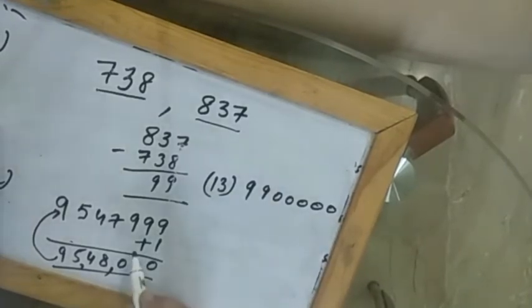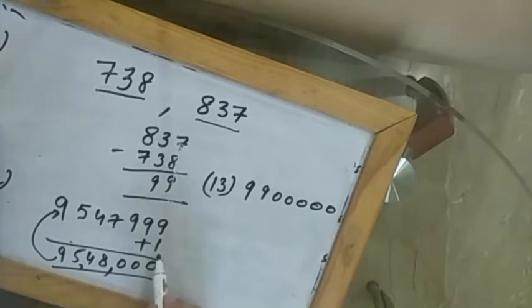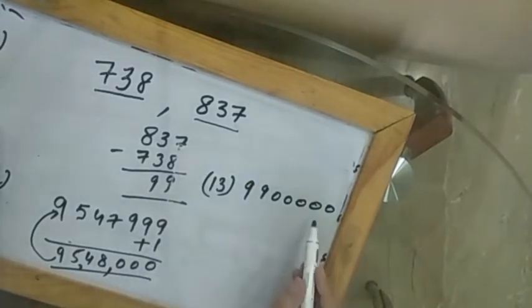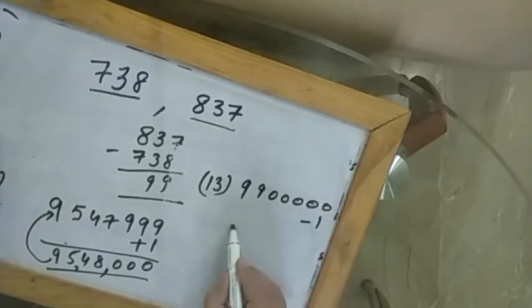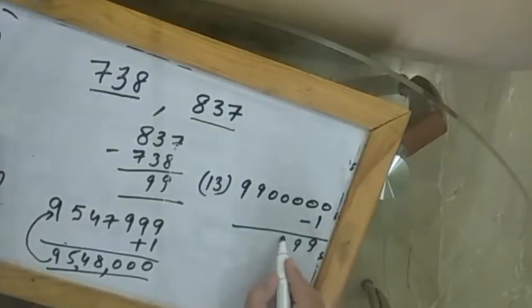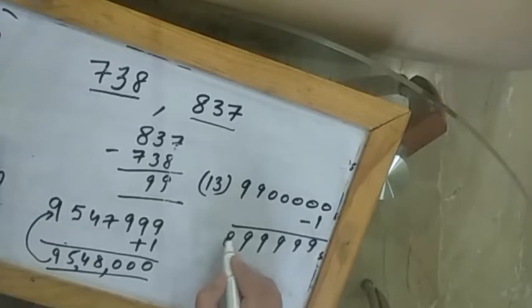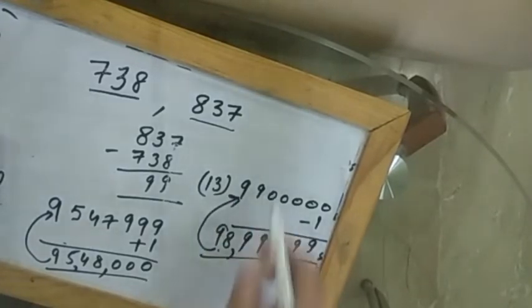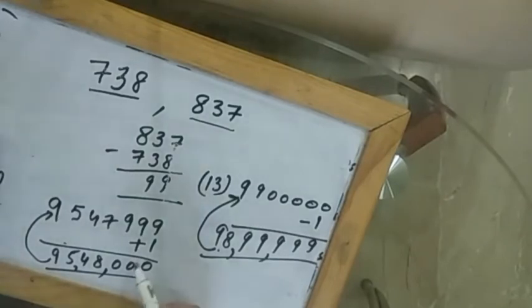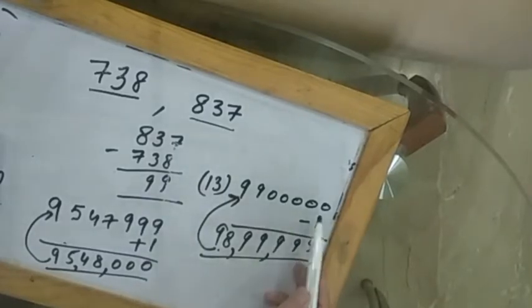Now, as in the last sum, just after, we added 1, and to find out what comes before, I will subtract 1 from this. So what you will get? This number. So this number comes just before this number. So whenever I have to find the number after this number, you will add, and when I have to find just before this number, I have to subtract.